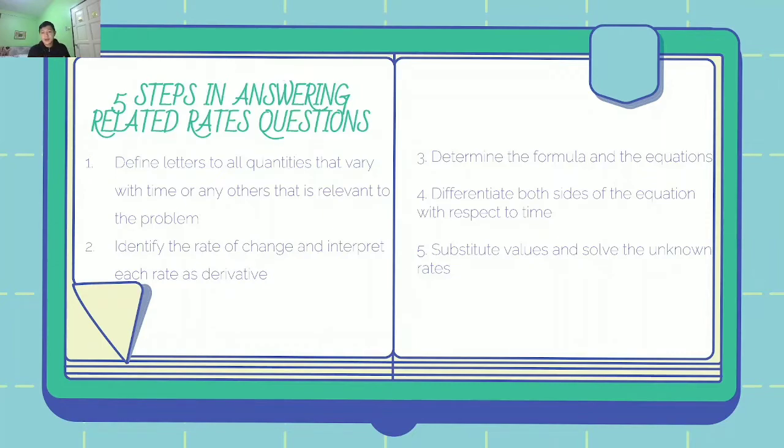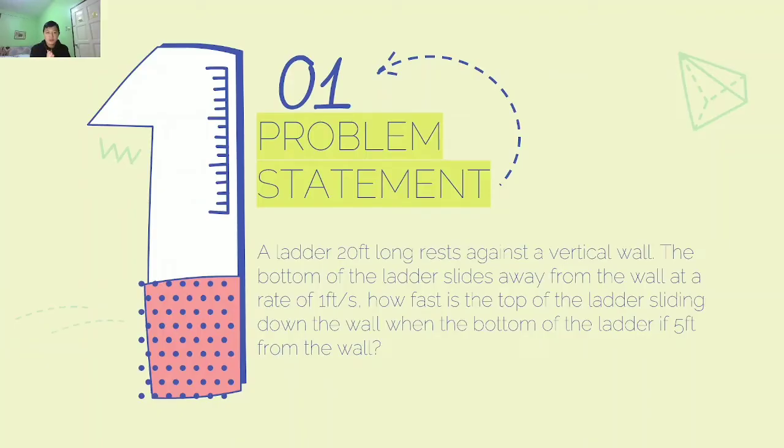Thirdly, determine the formula and the equations, such as the volume of a sphere, volume of a cube, cuboid, and so on. Fourth, differentiate both sides of the equation with respect to time. And finally, substitute values and solve for the unknown rates. These 5 steps are what we are going to use in solving our problem, which is the problem statement.